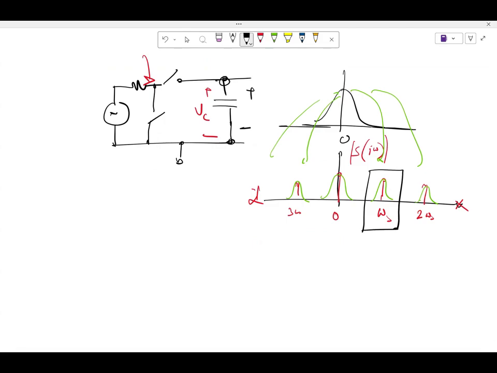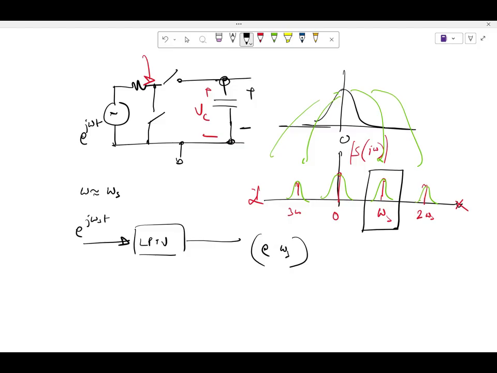Now, if I only look at, let's say, this replica, whatever is happening at omega s, why am I interested there? The particular reason is that omega is approximately equal to omega s, and I'm applying an input, this is an LPTV system. I'm applying an input at e power j omega s t, or omega t around omega s, and I'm observing the output at omega s, right?